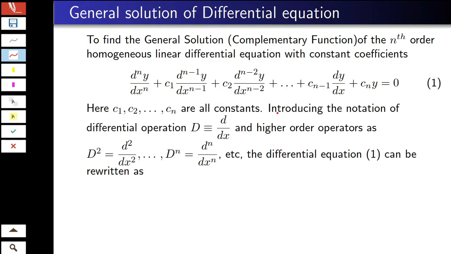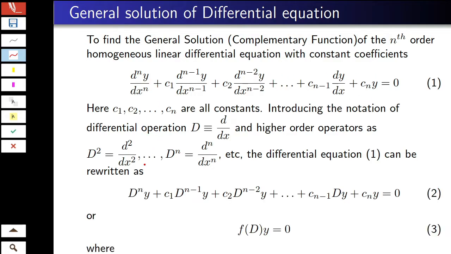See here, we introduce a new notation called the differential operator, capital D is equal to d by dx. D square is nothing but the second order derivative, and so on, D power n is nothing but the nth order derivative. So equation 1 can now be modified into operator form. We write D power n y, similarly D power n minus 1 y, and so on, up to capital D, the first order derivative, into y, plus cn into y equal to 0.